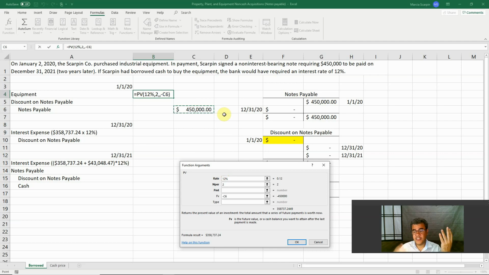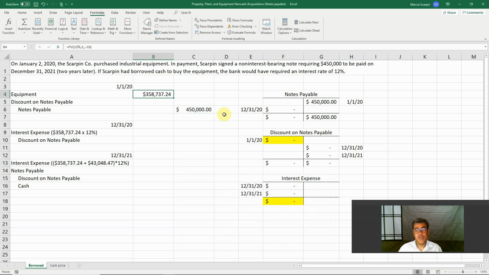Because present value and future value have opposite signs. So I want a positive number for my equipment. So we have here the negative for future value. 358 discount on notes payable. How much is it? The number to balance our journal entry, 91.